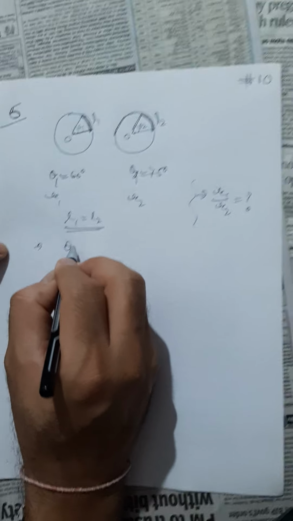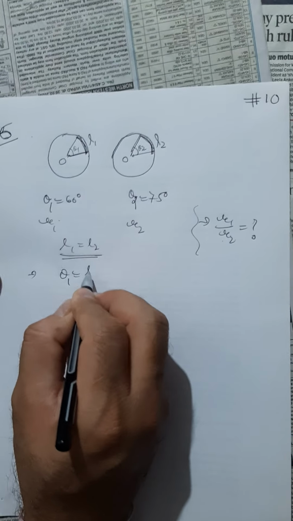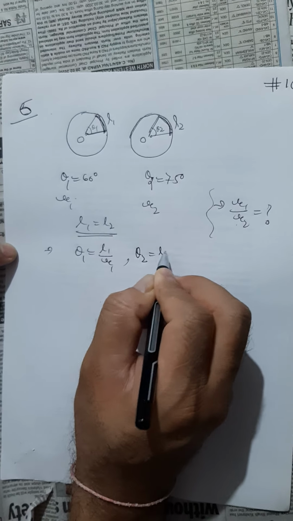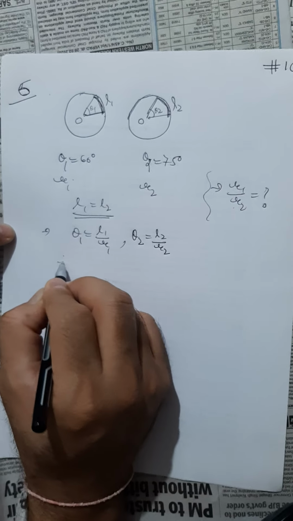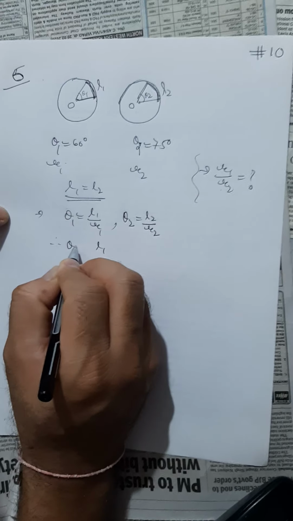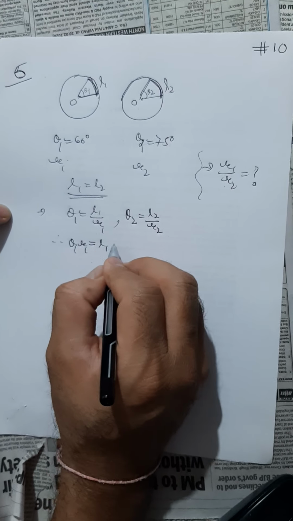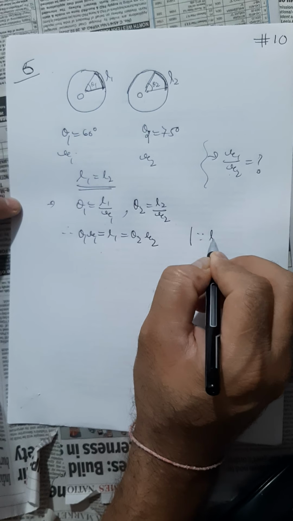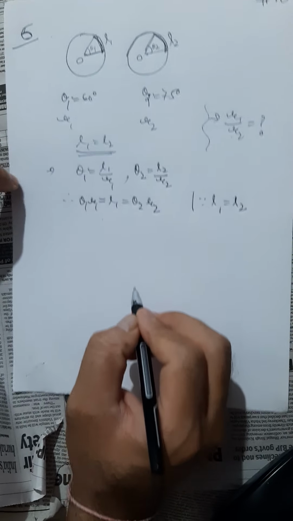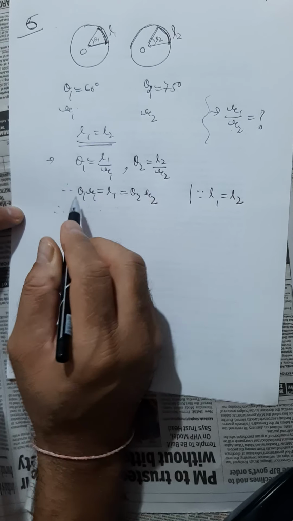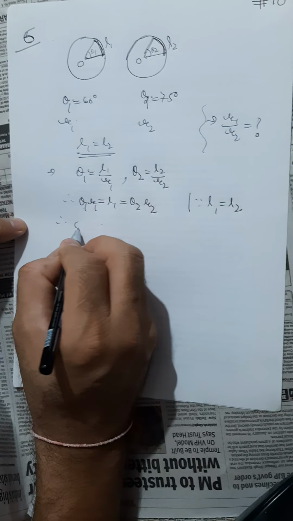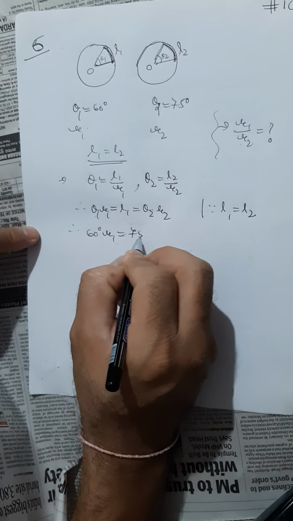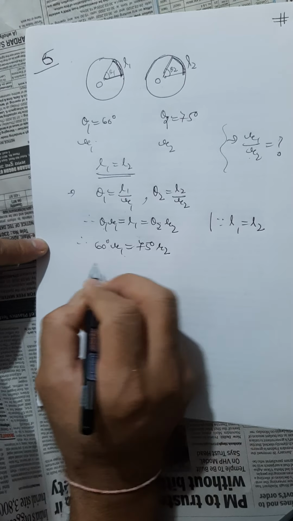So use theta 1 equals L1 by R1, theta 2 equals L2 by R2. So L1 equals theta 1 R1, which equals theta 2 R2, because L1 equals L2. What is theta 1? 60 degrees into R1. What is theta 2? 75 degrees into R2.